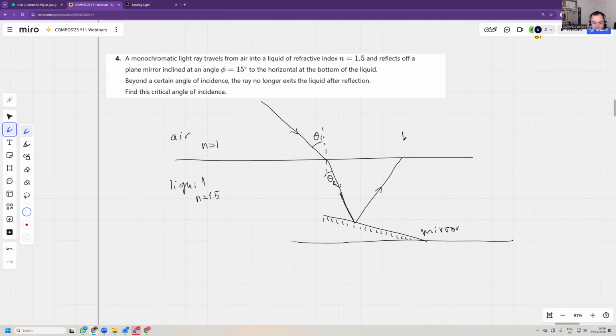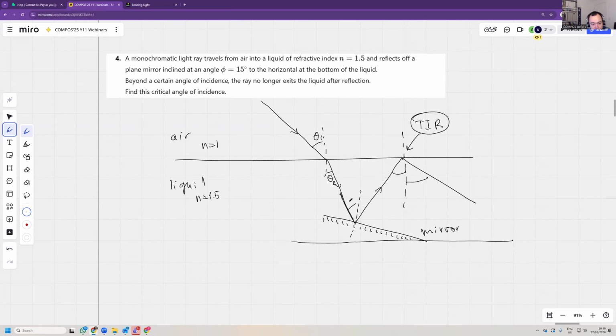And at this point, this angle, it doesn't exit. It doesn't go out of the liquid. So it reflects back into the liquid. So you must have total internal reflection at this point. So if this is theta 1, this is theta 2.